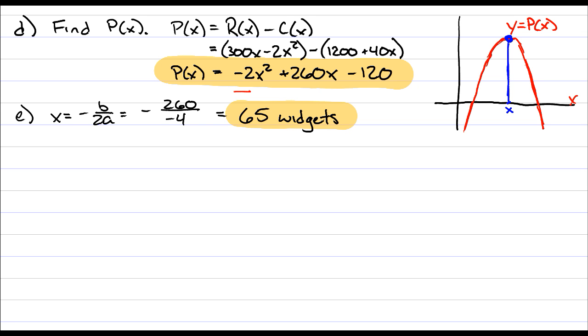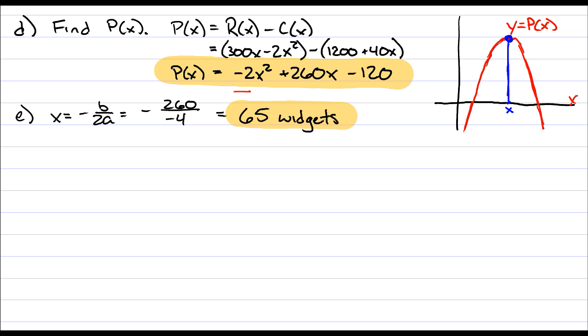But not only are our revenues increasing, our costs are going to increase. And within that range, from 65 to 75, the costs sort of outpace the revenue. And so you end up losing profit by producing those additional 10 widgets, even though your revenue is actually higher.